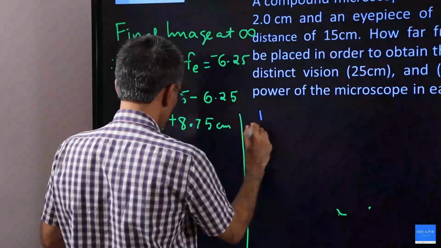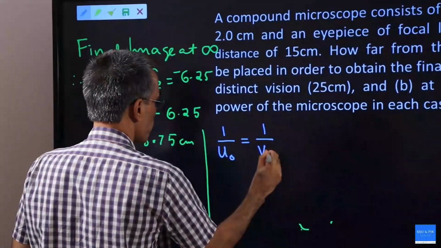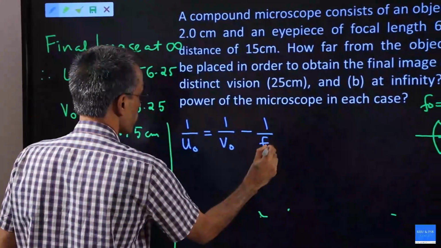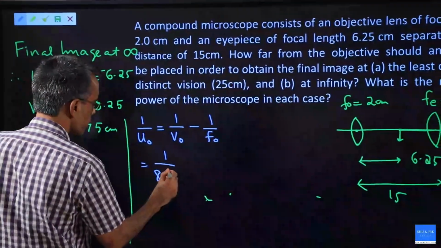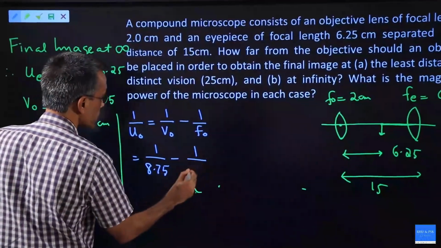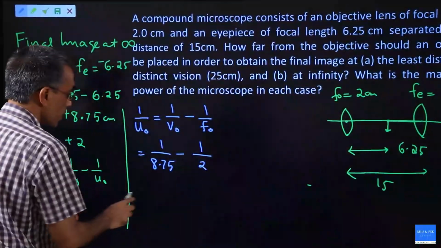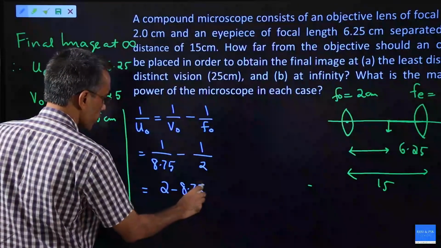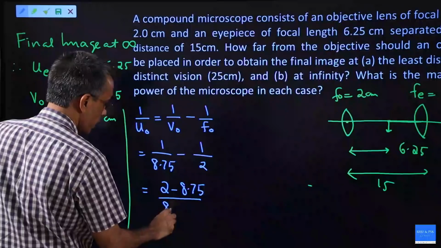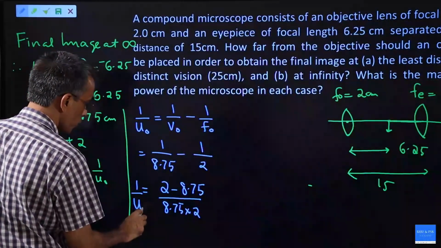Now 1 by u of the objective equals 1 by v of the objective minus 1 by f of the objective, which is equal to 1 by v_o, v_o we know is 8.75, minus 1 by 2. This gives you (2 minus 8.75) divided by (8.75 into 2). This is 1 by u of the objective.